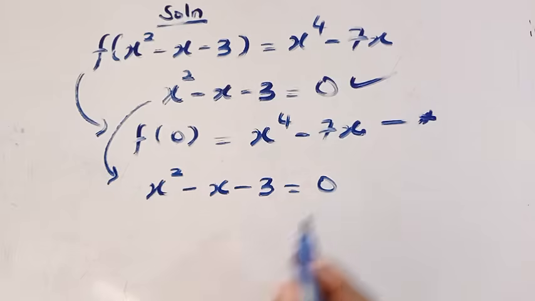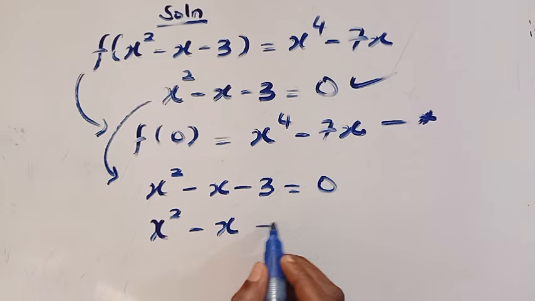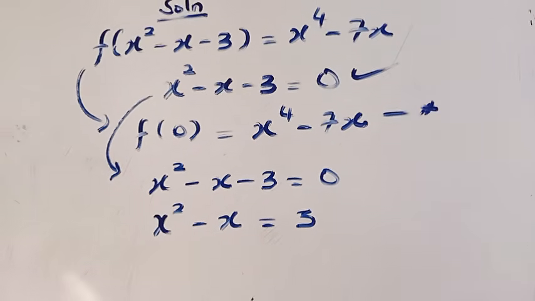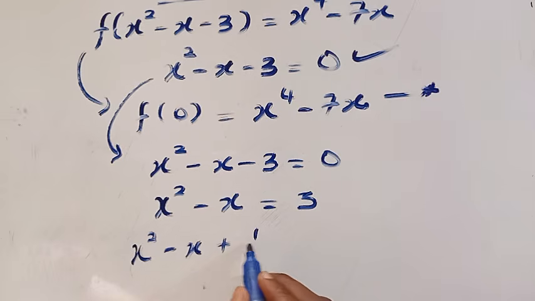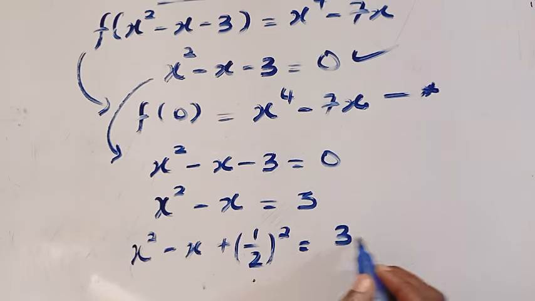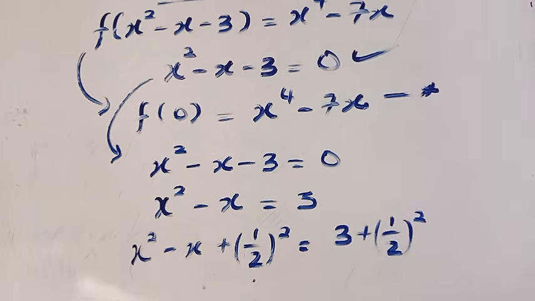Let's transfer minus 3 to the right hand side, so we have x squared minus x equals 3. Then I add one half squared to both sides, so we have x squared minus x plus 1 over 2 squared equals 3 plus 1 over 2 squared, using the completing the square method.